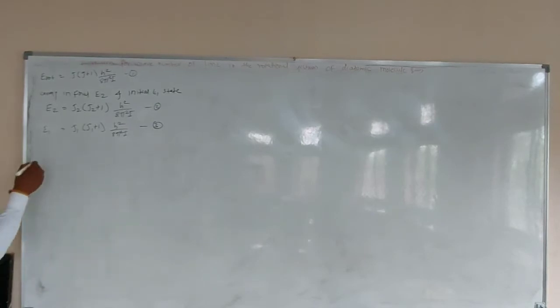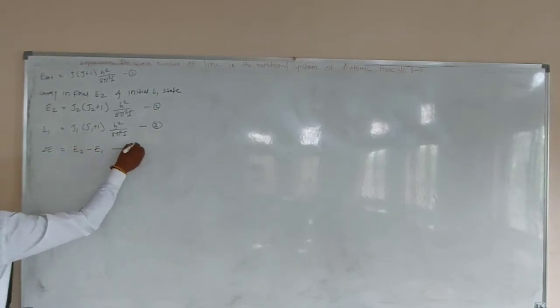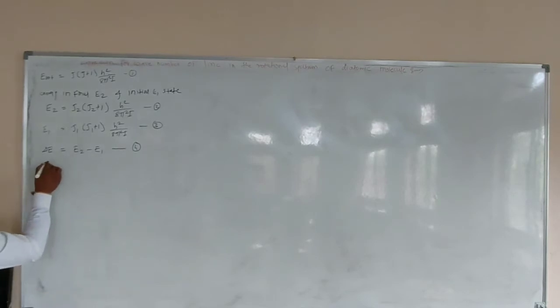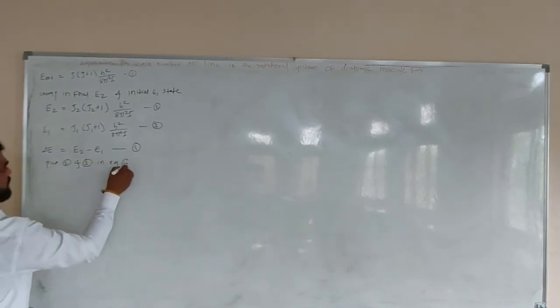Now the energy difference between the two lines, that is delta E, is equal to final minus initial. This is equation number 4. Now put equation number 2 and 3 in equation number 4.